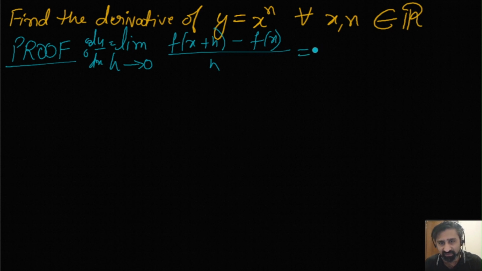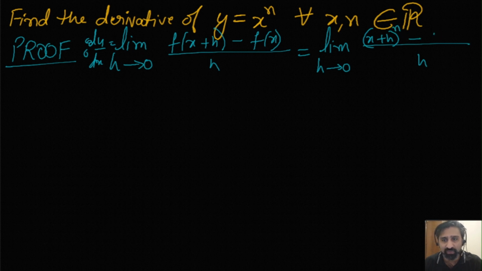So under which circumstance your current function tends towards becoming x plus h to the power of n minus x to the power of n ಅಂತ ಆಯಿತು.